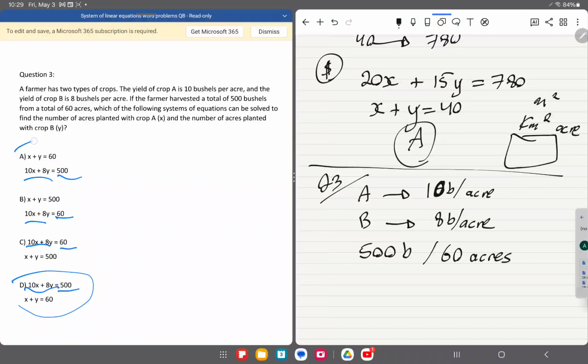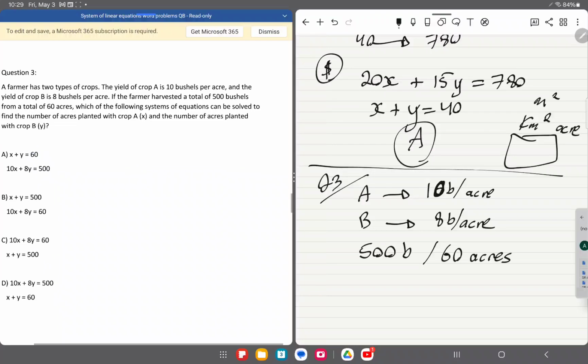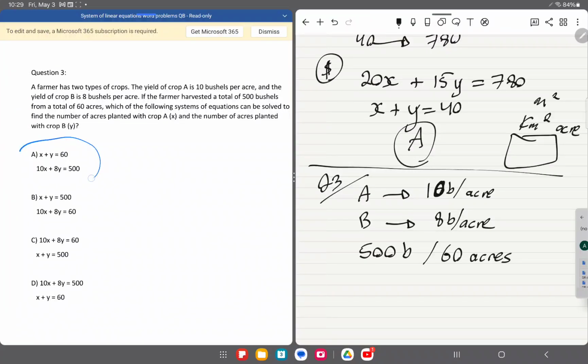So you do have these two common. Looking here, x plus y is equal to 60, and 10x plus, these are exactly the same. Am I mistaken? No, both of them are exactly the same.